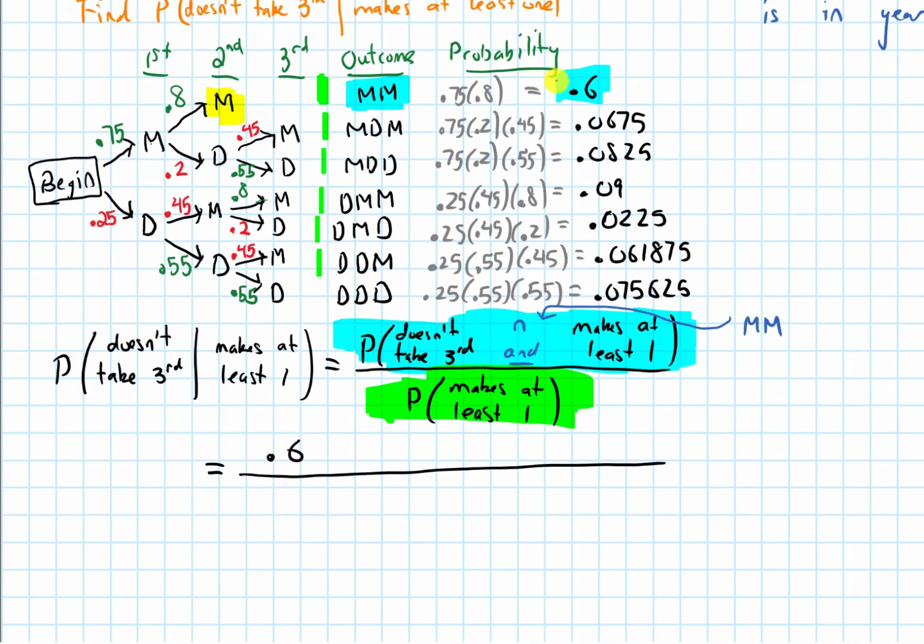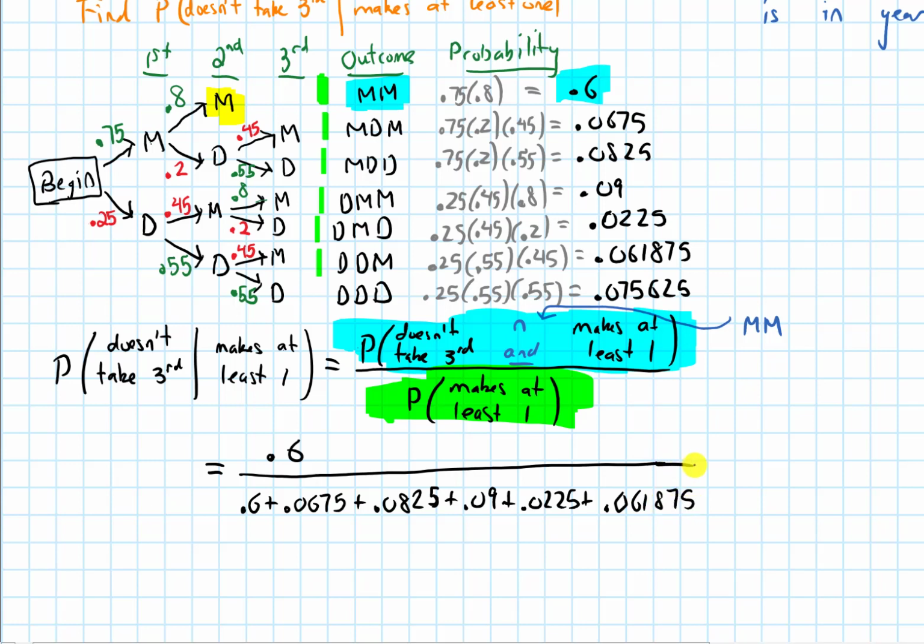Alrighty, so we can add up all of those probabilities, which is 0.6 plus 0.0675 plus 0.0825, and then it's 0.09 plus 0.0225 plus 0.061875. That's what I get on the denominator.